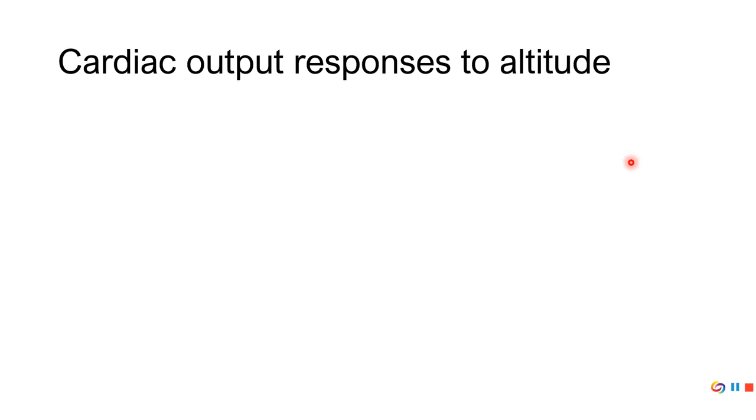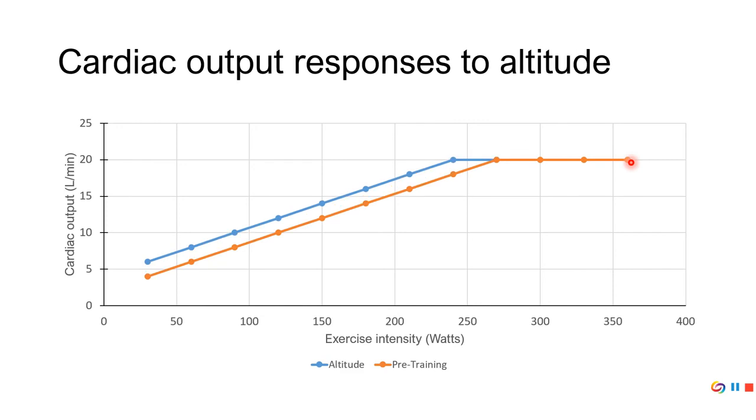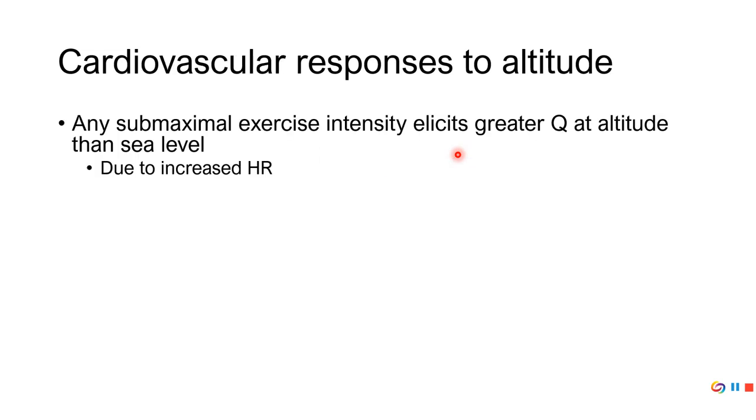So if we do the same thing with altitude, notice that if we go to altitude, we hit a cardiac output max earlier. Okay, so we'll hit the same max, but it occurs at a lower intensity. And so any submaximal exercise intensity causes us to have a greater cardiac output for a given workload.